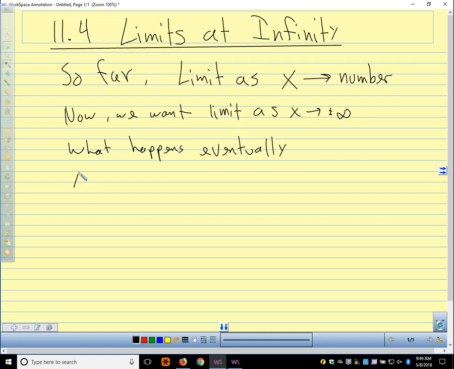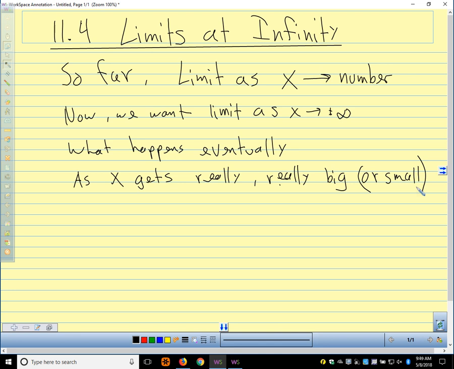What happens as x gets really, really big? Or small? What happens as x gets really, really small? Or as x gets really, really big?